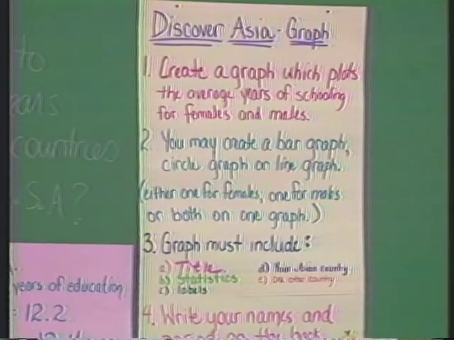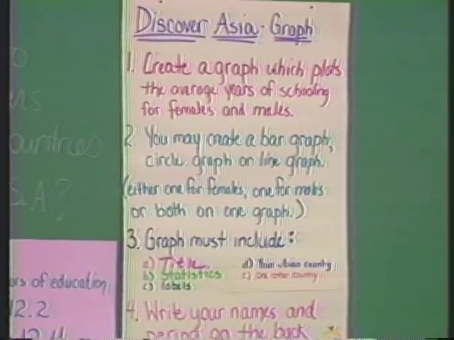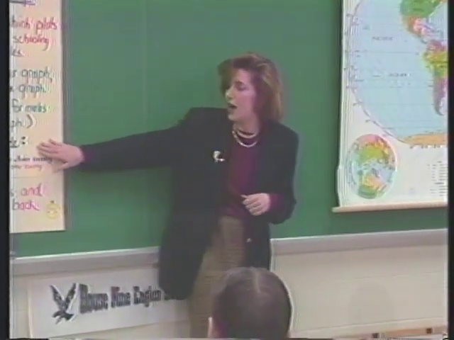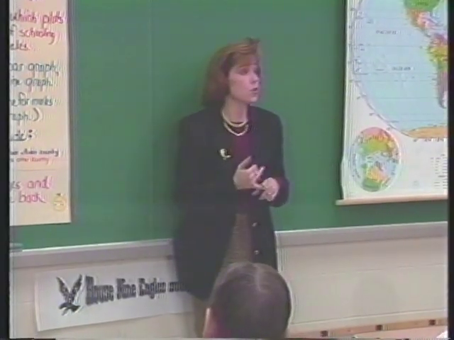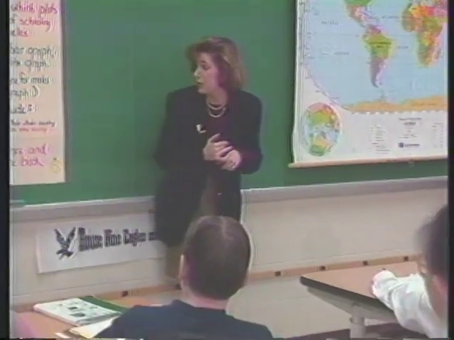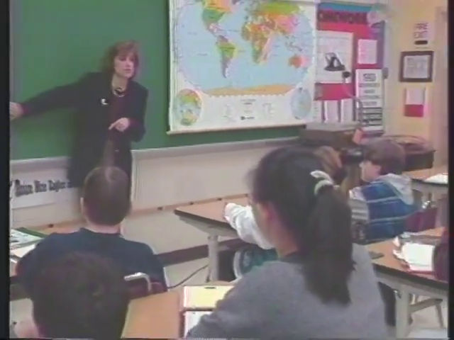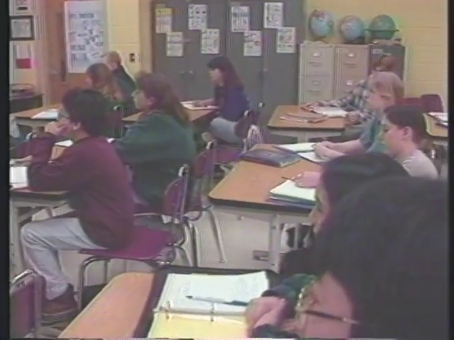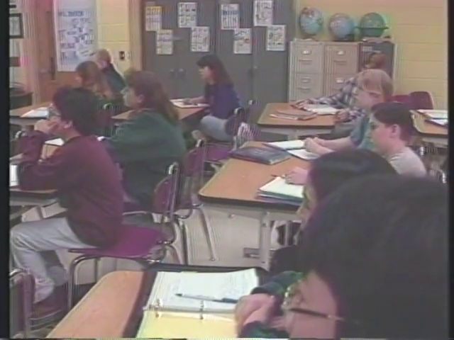Sometimes you see the ones with population, right? It has like half a kid, right? Showing population. So you could do something like that. Your graph must include, of course, a title, the statistics. You must label your graph. It must include the statistics for your assigned Asian country and one other country. You can add as many others as you want, but you must have these two.